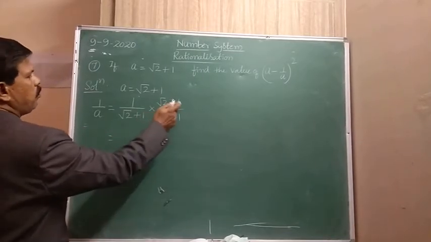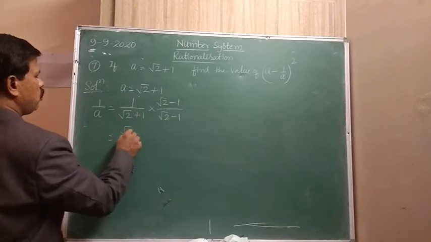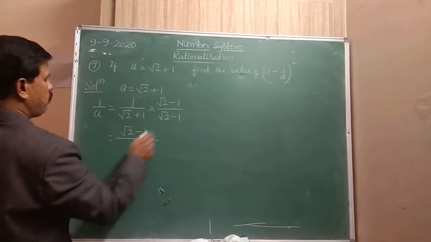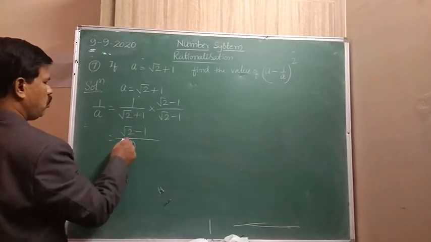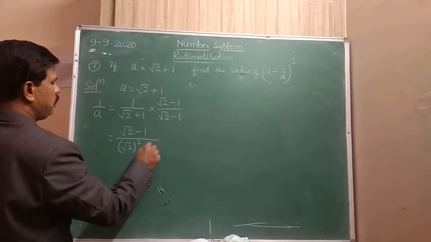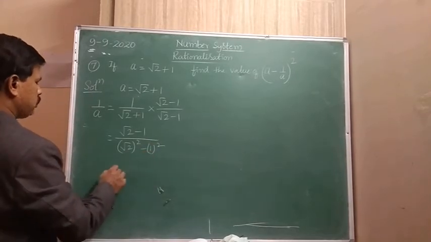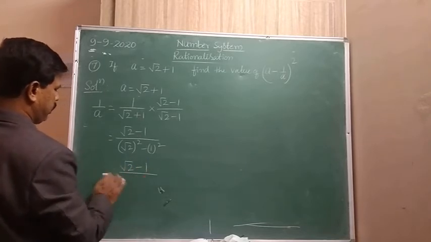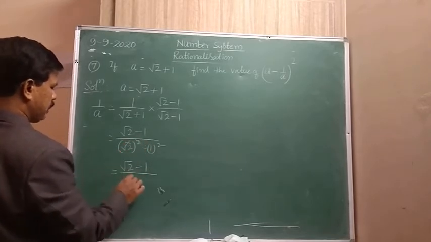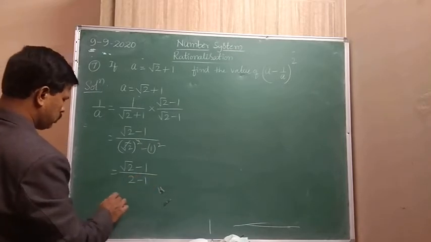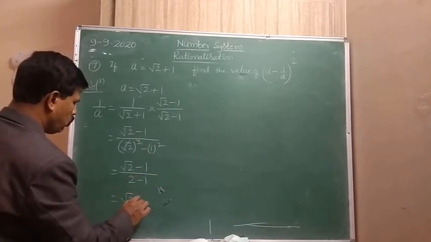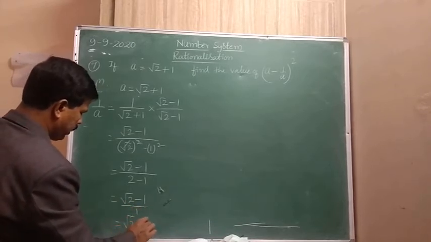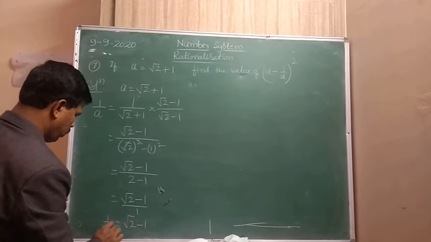Now, root 2 minus 1 into 1 is root 2 minus 1, whole divided by root 2 plus 1 into root 2 minus 1, which is root 2 whole square minus 1 square. Now the square and square root get cancelled, 2 minus 1. So the answer is root 2 minus 1 by 1. This is root 2 minus 1. This is the value of 1 by A.